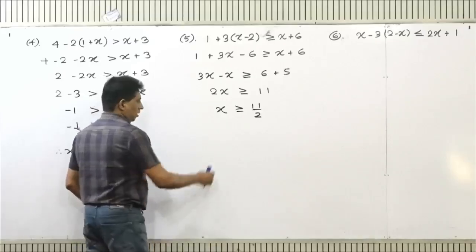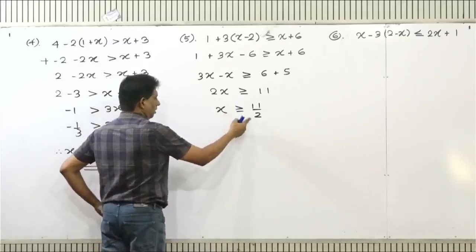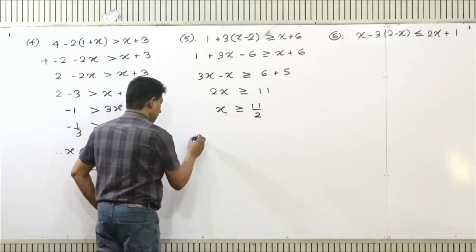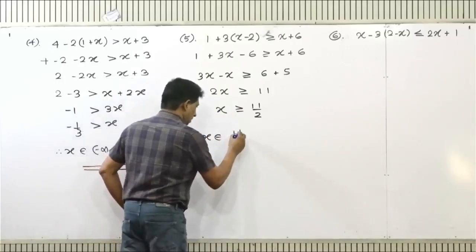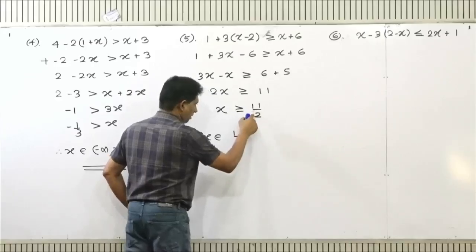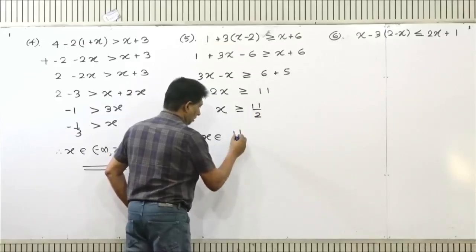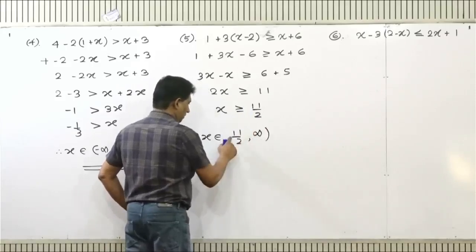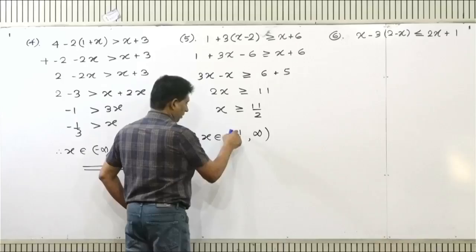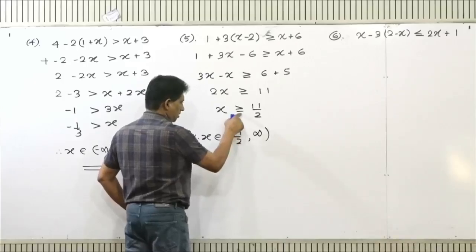x is equal to 11 over 2 or greater than 11 over 2. Now we can write this one in interval notation. 11 over 2, don't divide this one like 5.5, no need. 11 over 2 comma positive infinity. Positive infinity is not a solution. 11 over 2 is a solution because there is an equal mark now.